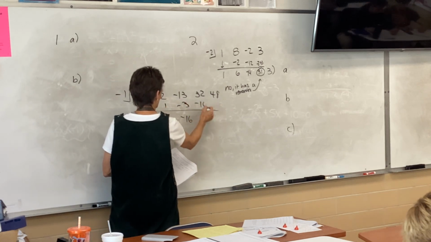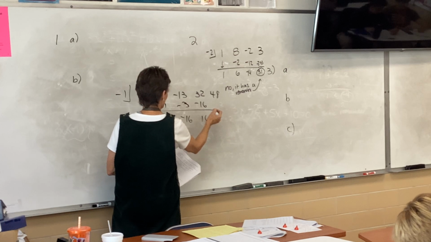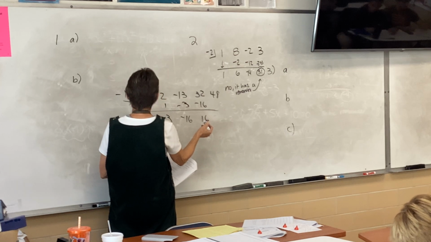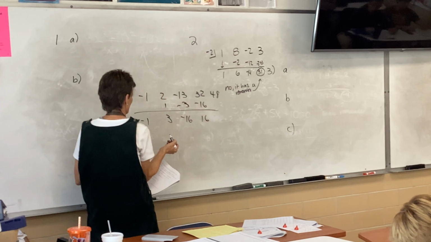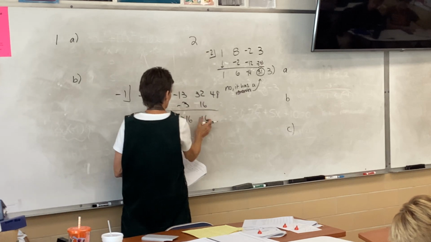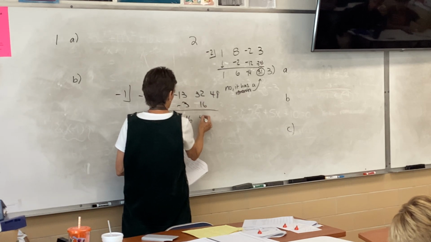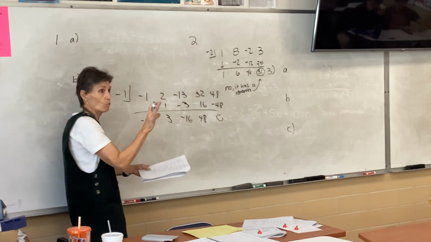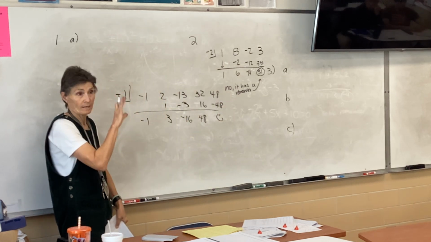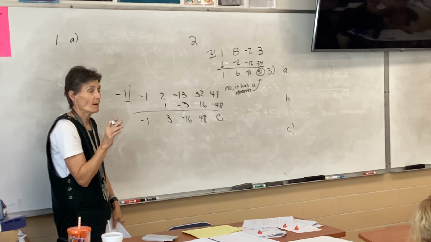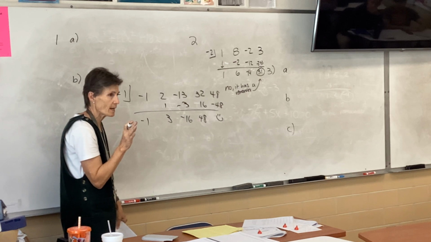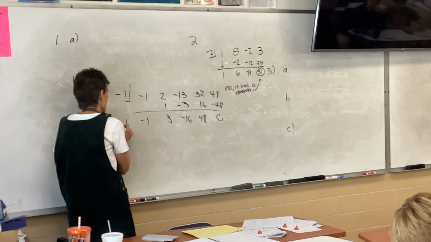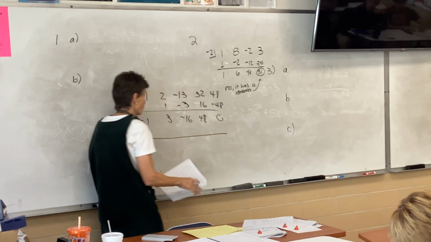Wait, did you also get that across to 3? Okay, wait a second. Okay, wait, I did something wrong. Oh, that's positive 6. So it crosses at -1. Everybody in agreement? But it also crosses at, where did you say? 3. So that means I'm going to take what I have left.